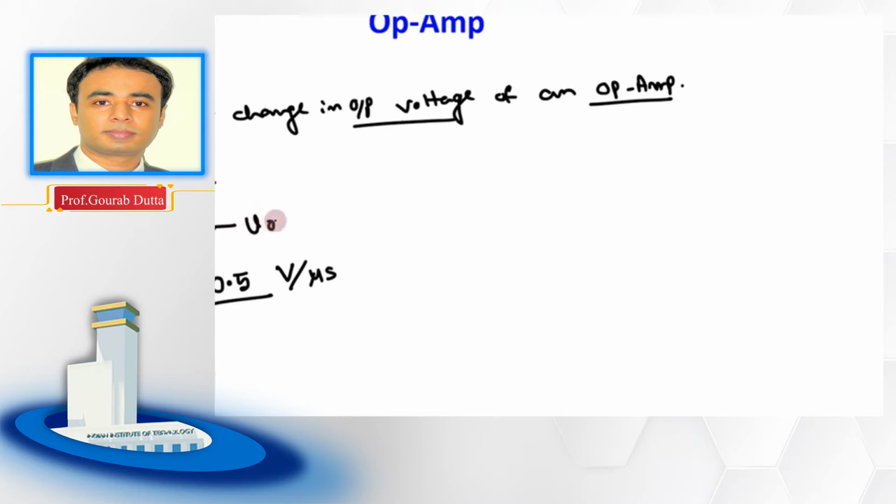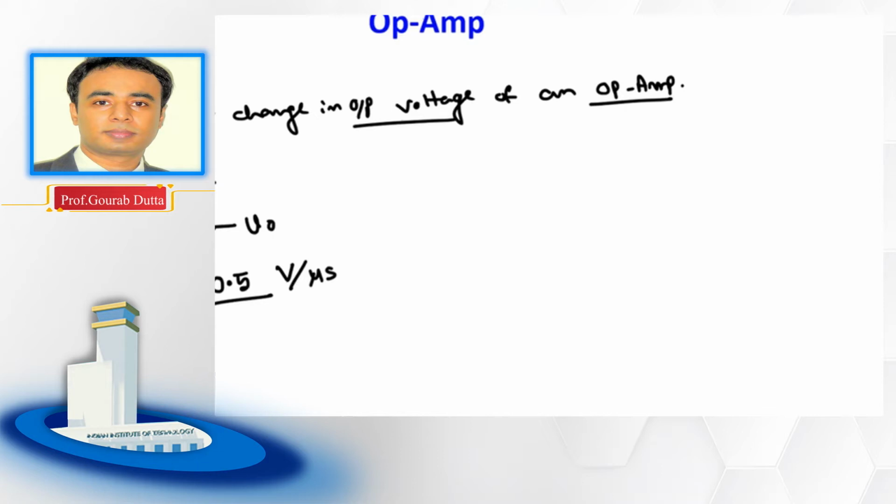In other words, the change in output cannot be as instantaneous as the input. It has its limit, right? So from that point of view, you can also guess that this slew rate imposes some restriction on the maximum frequency or the amplitude of this input signal.